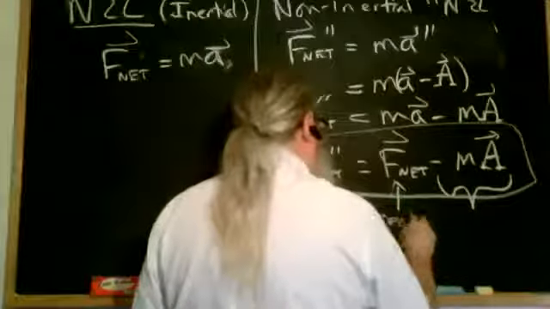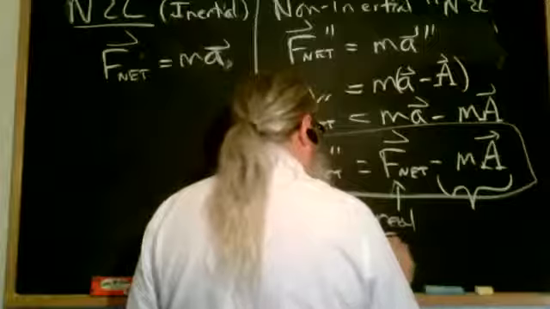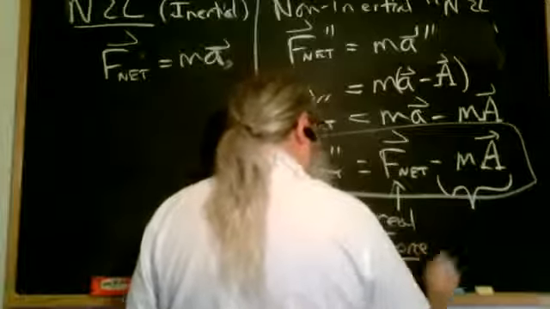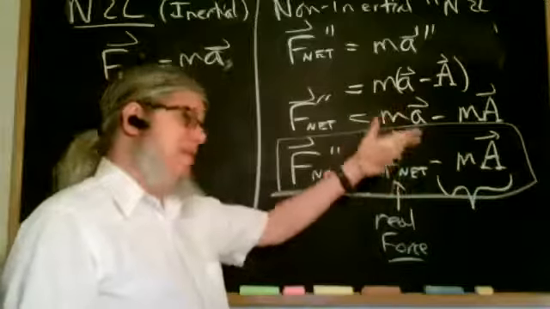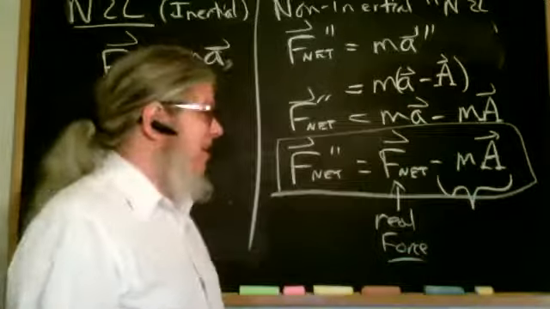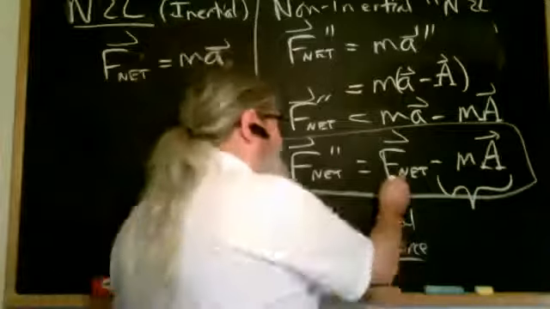This thing we call the real net force. In other words, this is the sum of all the actual forces like normal, weight, friction, tension, spring force, universal gravity, all of those things go here.